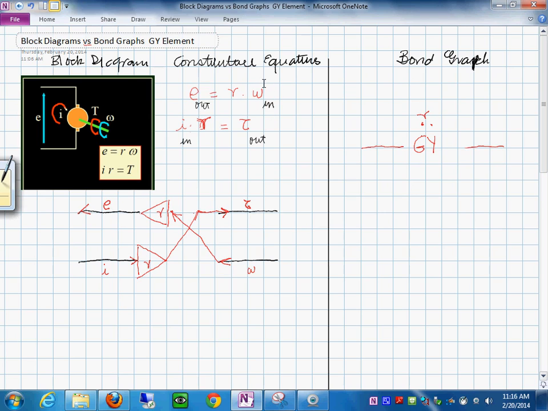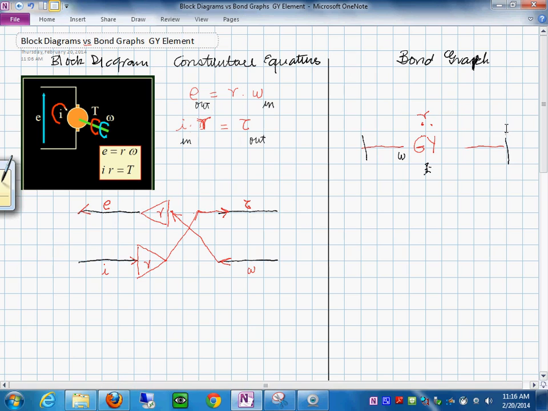So if the input is a flow variable, let's say, when you say input to what? Just imagine yourself that you are infinitely small. There you are. And you look to your right over here, you're facing me. The first equation says omega comes in. So I will draw it like this, see? This is omega, comes into the element. Out of the element E is out.